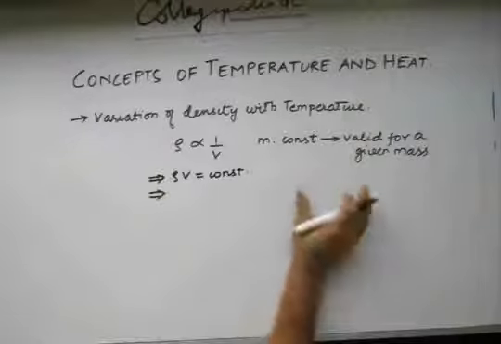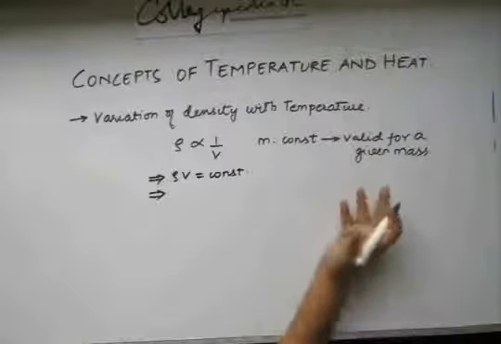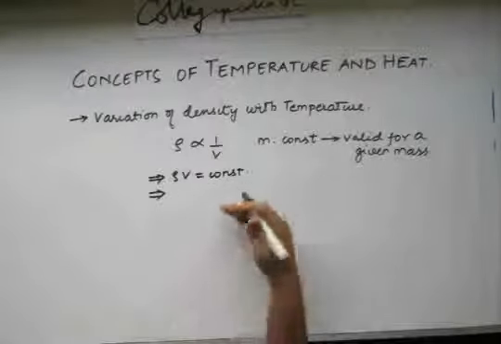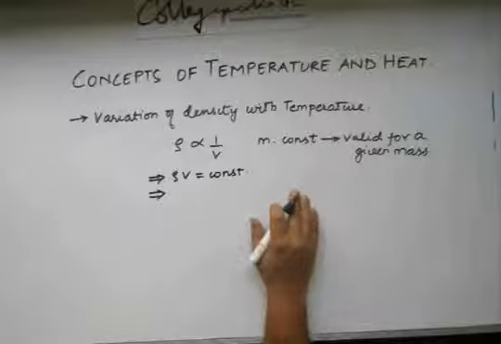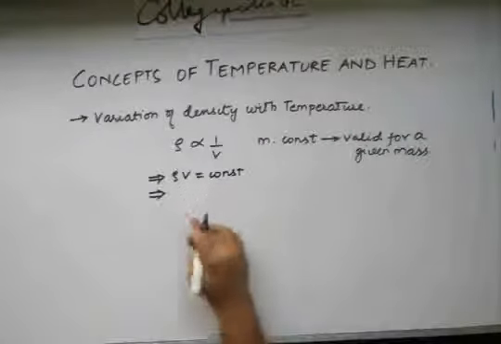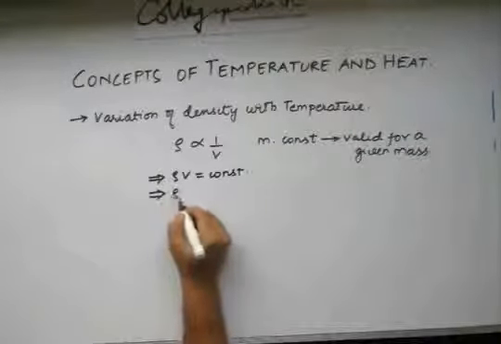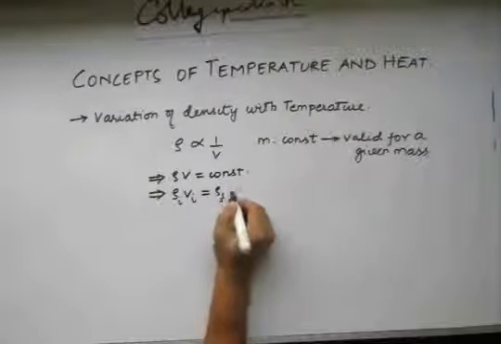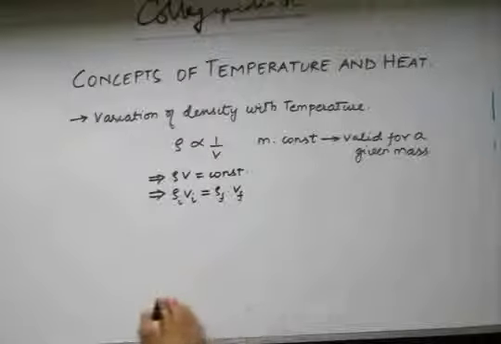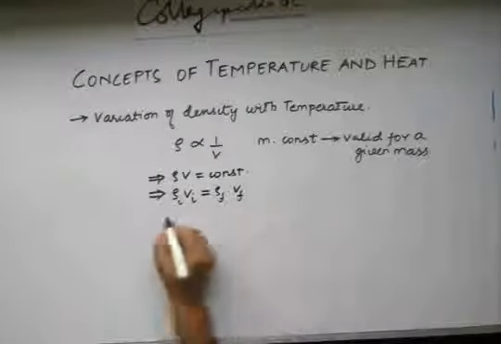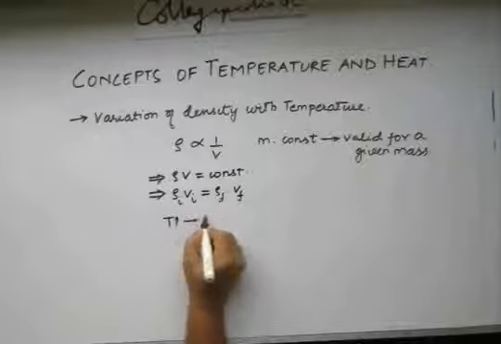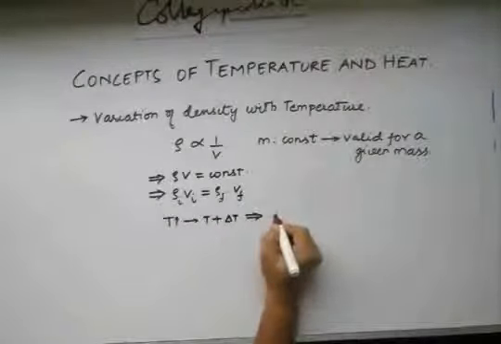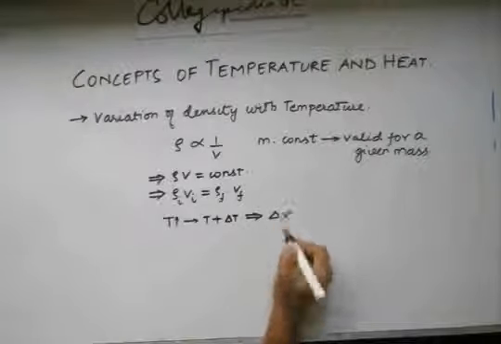Say we heat that small cube which we had of a given mass m, and we find that the volume changes to V plus delta V. If we have rho V as constant, then rho initial into V initial should be equal to rho final into V final. Now, if temperature was increased to T plus delta T, this results in a change in volume.